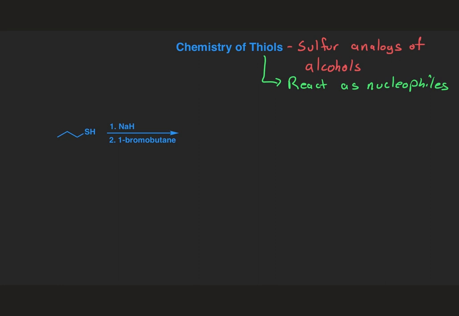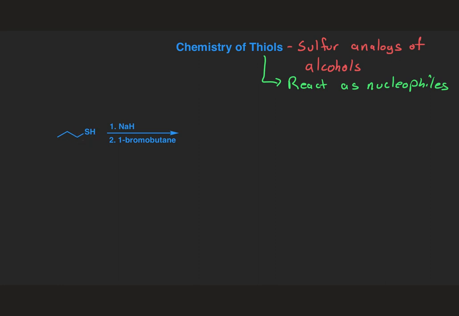So if we look at this example, we have propane thiol, which has an SH bond like an alcohol would have an OH bond. And much like alcohols, the H attached to a sulfur is quite acidic.